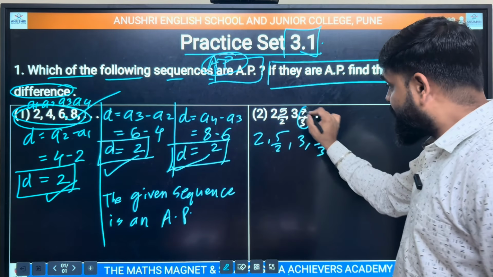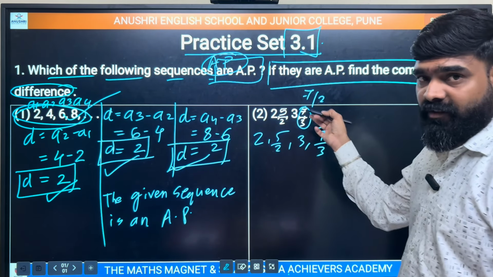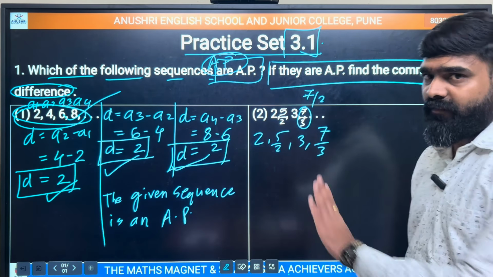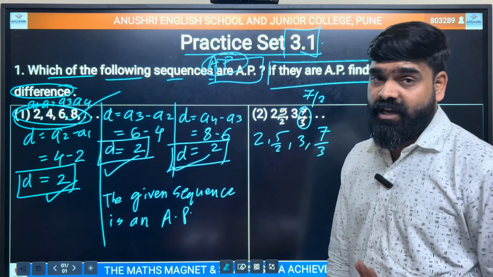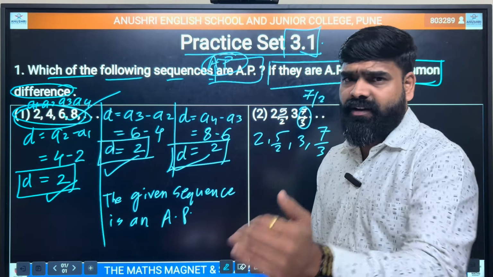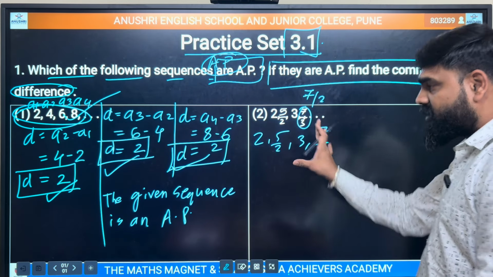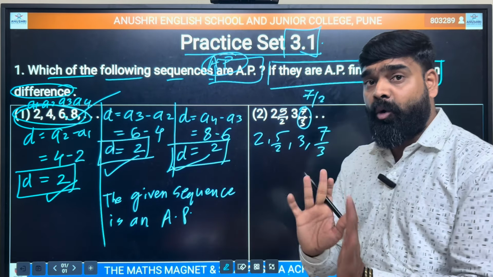If instead of 7 by 3 we take 7 by 2, we will get the same answer which is given in your textbook. So let us solve this question by taking both the numbers.